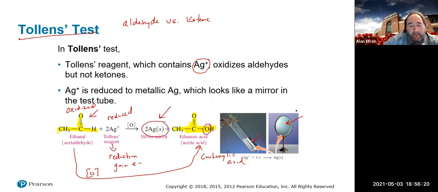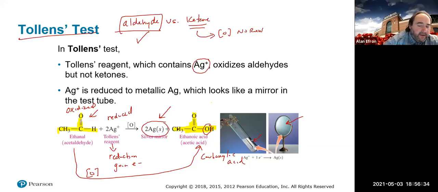So what would that tell you? It would tell you that you started with an aldehyde. Why do you know that? Because we just talked about a ketone. What happens when we try to oxidize a ketone? We get no reaction, which means the silver would not become that really dark silver color, and it would be a negative test.